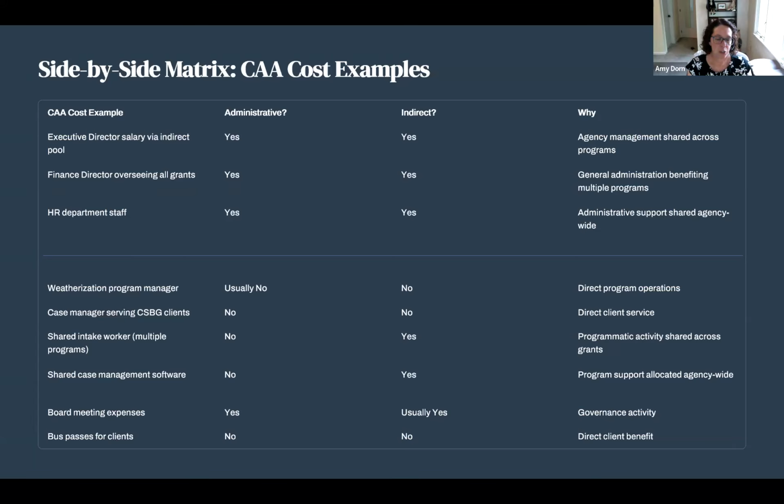And so you do have to really fully understand, because part of the role as monitors is to provide that training and technical assistance side of things, where you can help them understand that administrative and direct are not necessarily the same thing.